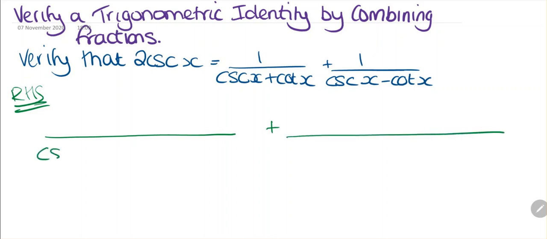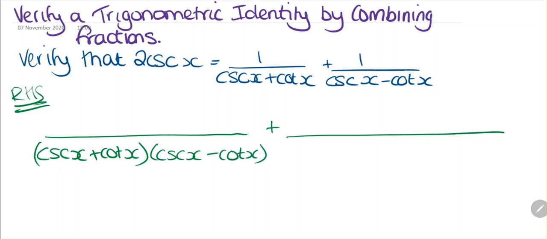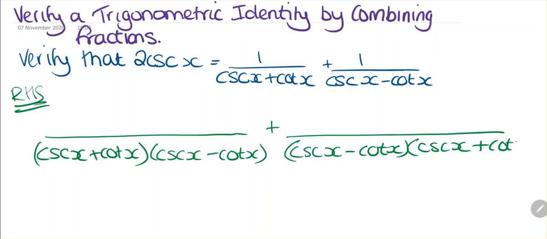So cosecant of x plus cotangent of x, and we're going to multiply this by cosecant of x minus cotangent of x, and then the same, so cosecant of x minus cotangent of x multiplied by cosecant of x plus cotangent of x, and we're actually going to cross multiply.